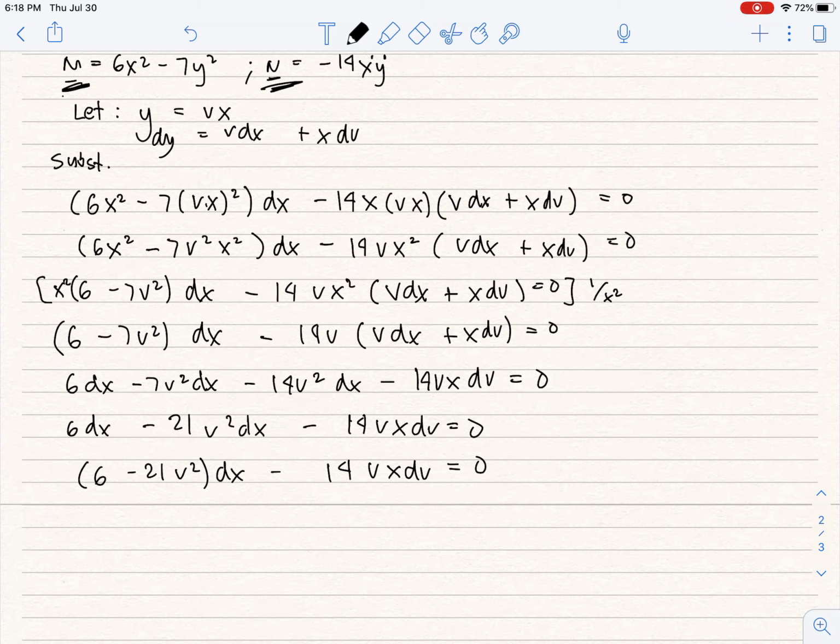Okay. So this is almost a variable separable DE. You just have to separate v and x, and also x and v. So the same as before, the terms should disappear, right? We just divide it by itself, so this is 6 minus 21v squared at the bottom.